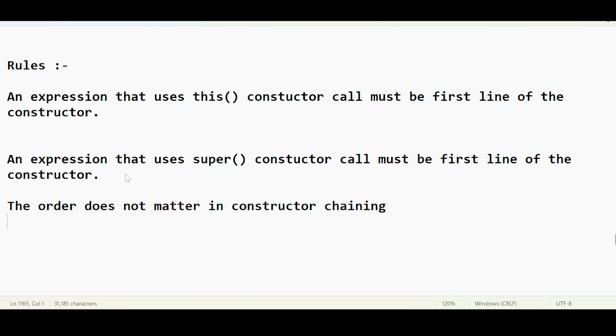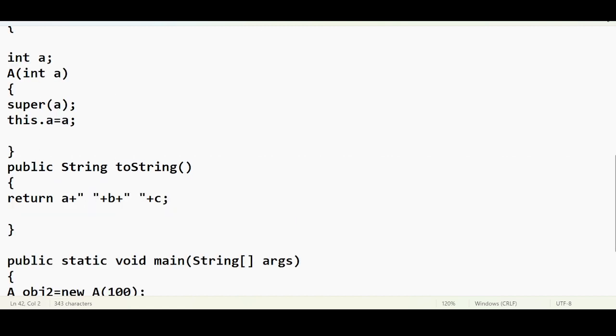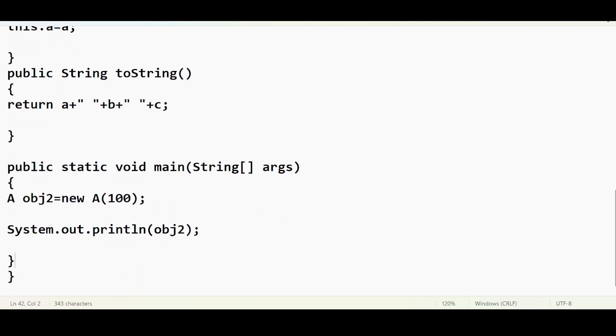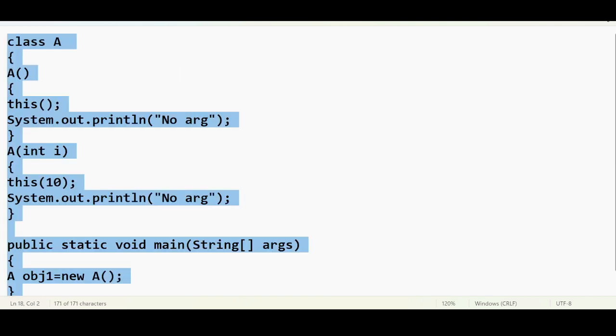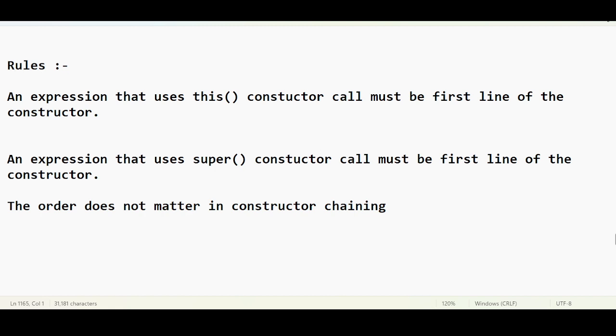The purpose of constructor chaining is what? Why do we require constructor chaining? To invoke all the constructors by just getting an object for one constructor. If that is the case, the order itself is not a big deal. Yes or no? Right?